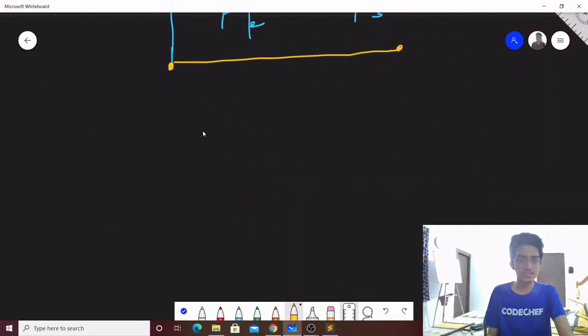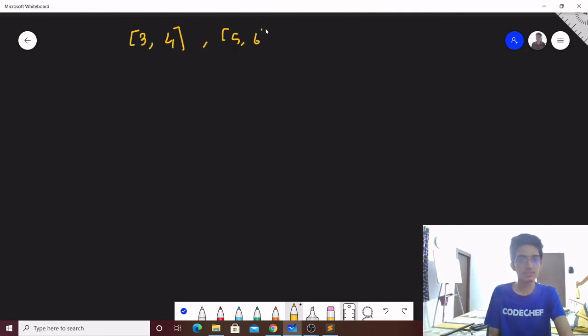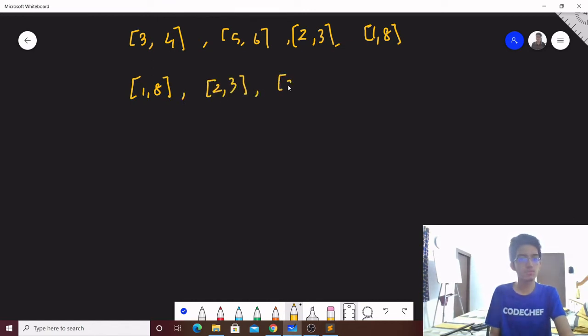So let's say that our segments were like this. Our input array, that is ARR, was 3, 4, 5, 6, 2, 3, and 1, 8. Okay. So the sorted segments will be 1, 8, 2, 3, 3, 4, and then 5, 6.